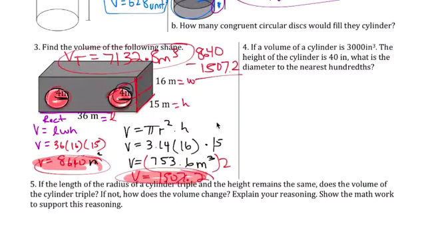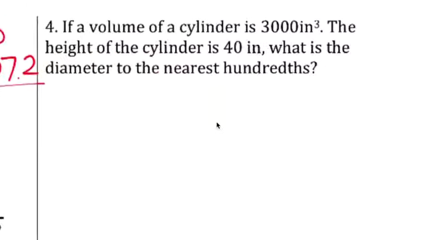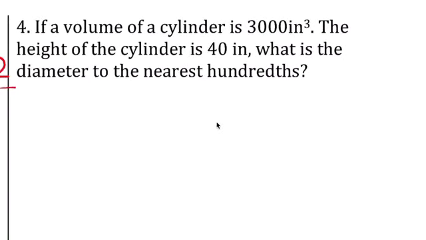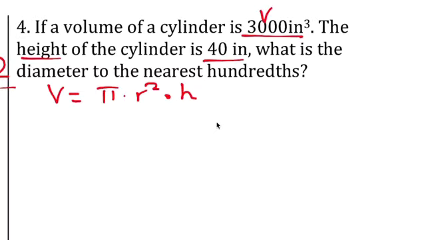Okay, number 4, a volume of a cylinder is this. So volume of a cylinder is pi times radius squared times height. Volume, that's V. The height is 40, that's H. What is the diameter? Whatever radius is multiplied by 2.